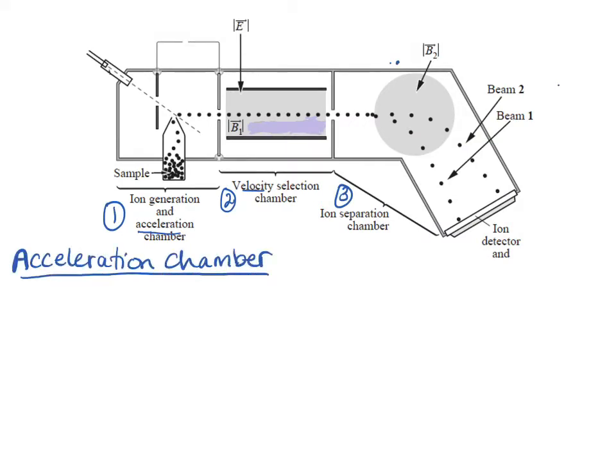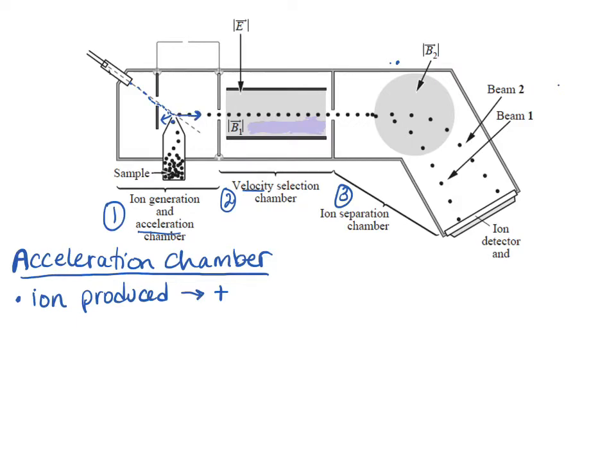All right, so this is the first one right here. That's the acceleration chamber. And so what's happening is that we have ions being produced in this chamber. Specifically, we're producing positive ions. Okay, so what we have is an ionizer here. It's going to shoot electrons and get the electrons on the atoms here loose, and then the electrons are going to go here, and the positive ions are then going to go here.